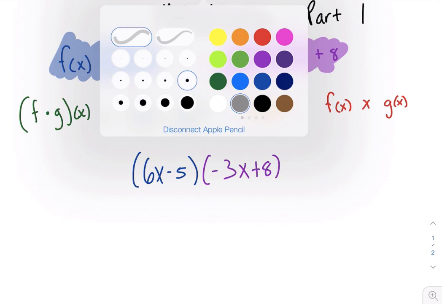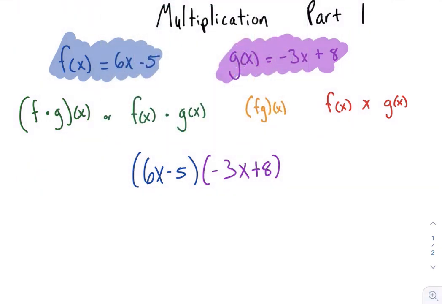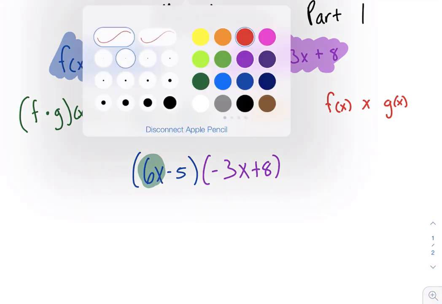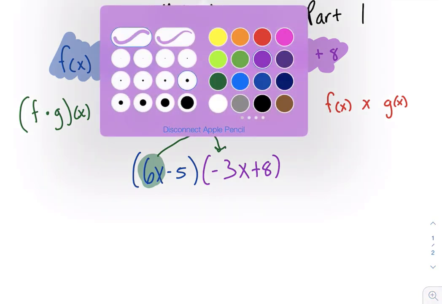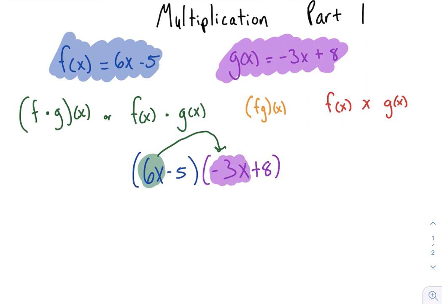And I want to take a look at the first term. The first term in this function is going to be 6x. And what I'm going to do is take 6x and multiply it by all the terms in the other function, g of x. So 6x is going to get multiplied by the first term, which is negative 3x. And I'm going to multiply those 2 together.